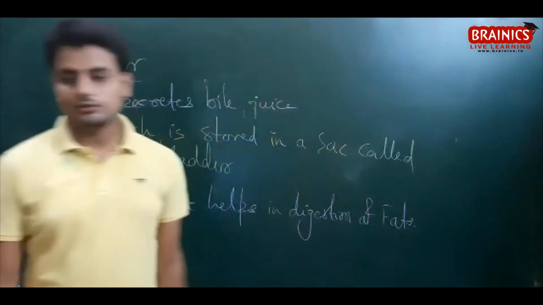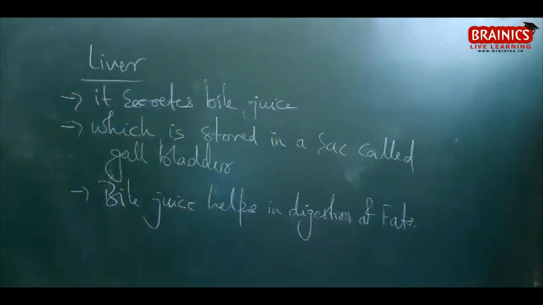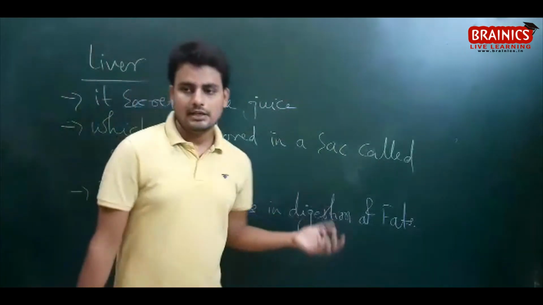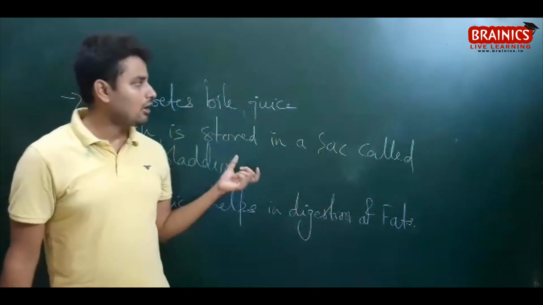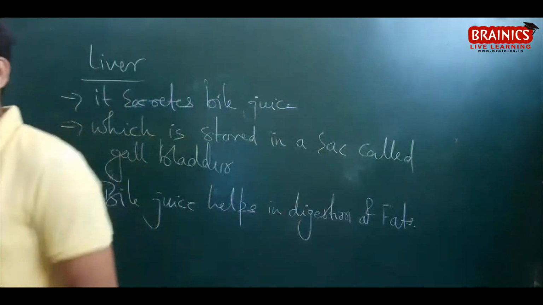Okay, so bile juice helps in digestion of fats. Now let's talk about the pancreas. This is the liver, and we have already studied the liver and gallbladder, its juices, fats, bile juice. Now let's talk about the pancreas.